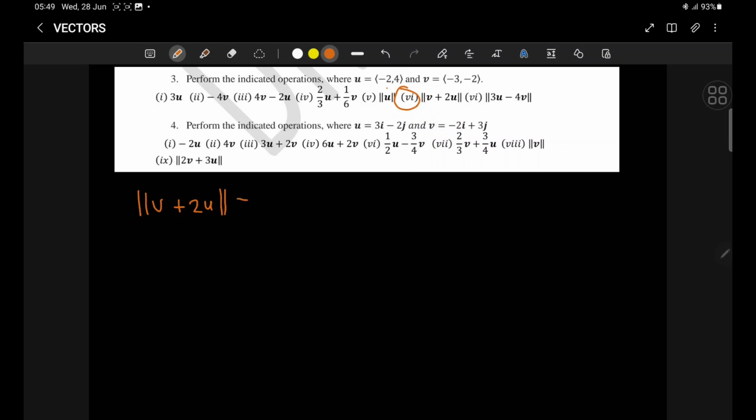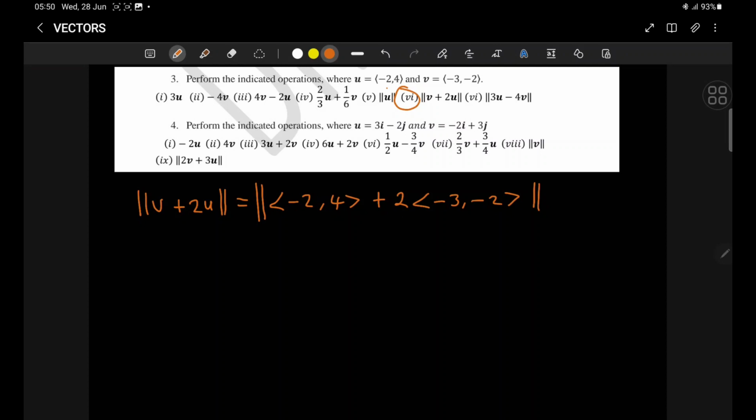And what is inside is, we have the vector v. So vector v is negative 2, 4. We're adding this to 2 times negative 3, negative 2.